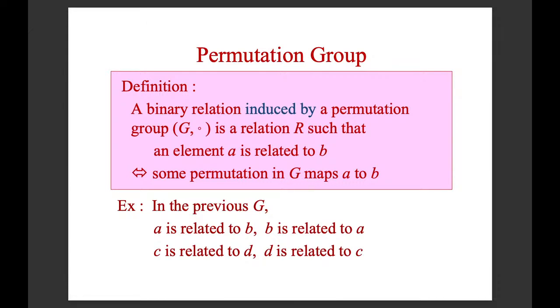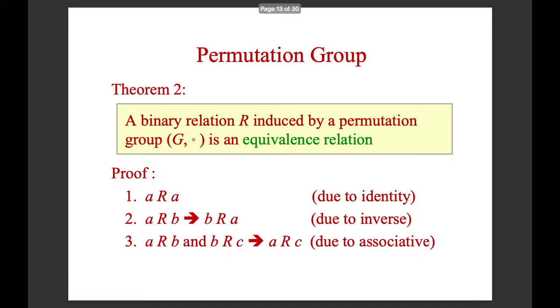And then we claim that this relation R, based on G, is an equivalence relation. To check whether it is an equivalence relation, we need to check three things: whether it is reflexive, whether it is symmetric, and whether it is transitive.